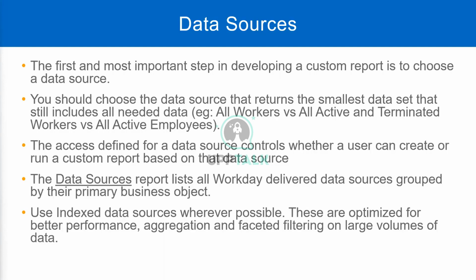Now that is why we recommend that you start with the Workday delivered standard reports, because that already has the correct data source and everything, right? If you start from there, it makes our job a little bit easier. Now it says that you should choose the data source that returns the smallest data set that still includes all the needed data.